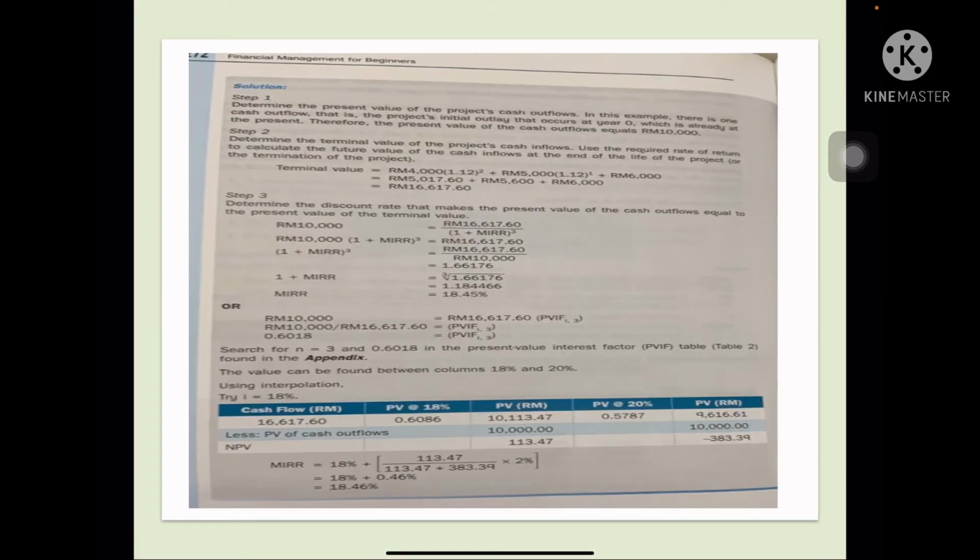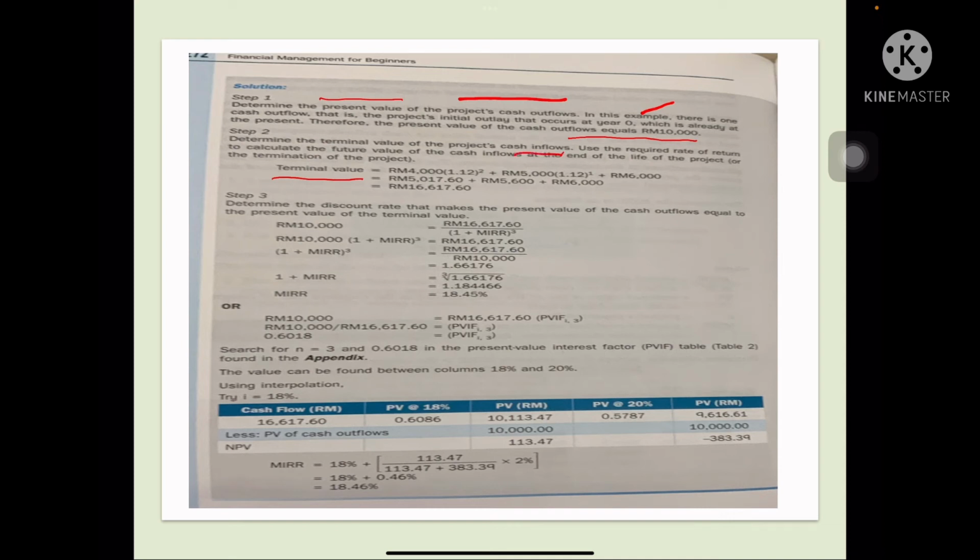If we look over here, we have to determine the present value of the project's cash outflow. In this situation, at year 0, you have the outflow of 10,000. Then number two, we have to determine the terminal value of the cash inflows.